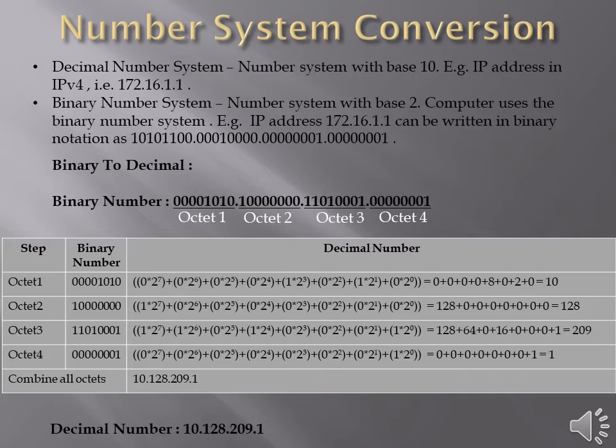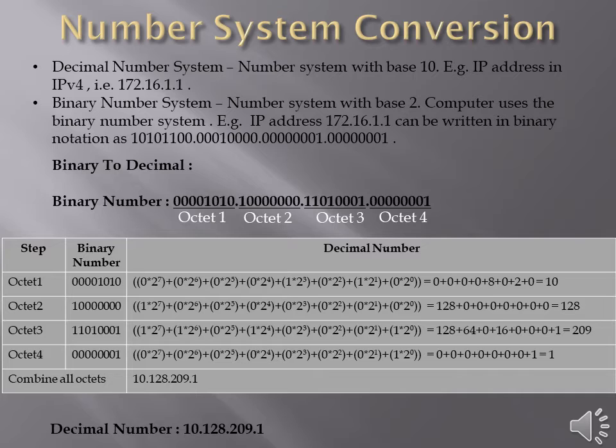So in this step you can see 0 into 2 raised to power 0, plus 1 into 2 raised to power 1, 0 into 2 raised to power 2, 1 into 2 raised to power 3, plus 0 into 2 raised to power 4, because wherever 0 is mentioned it will be multiplied with that series, and if 1 is there it will be multiplied by that.